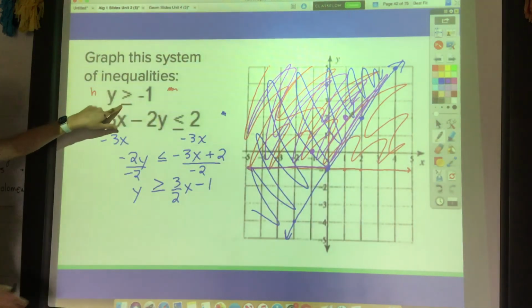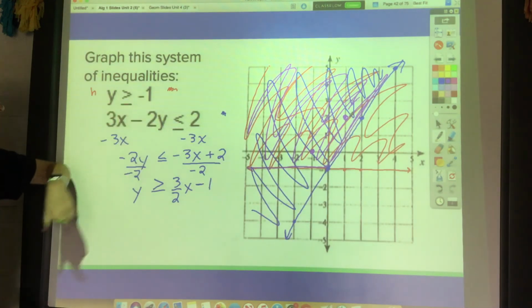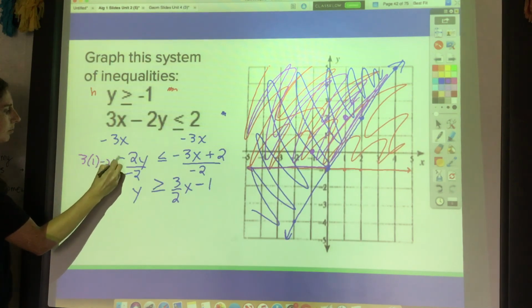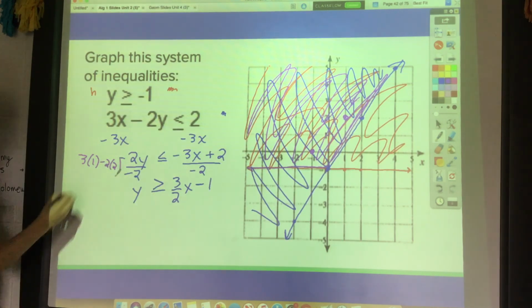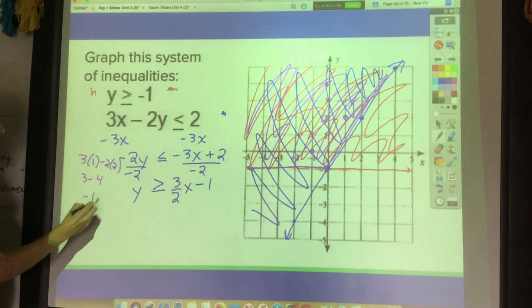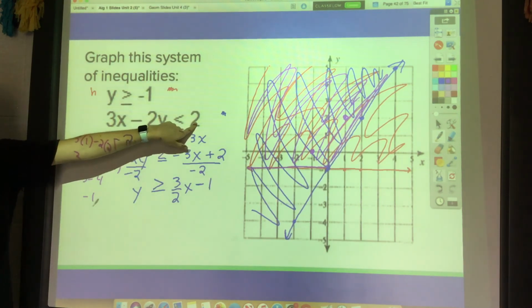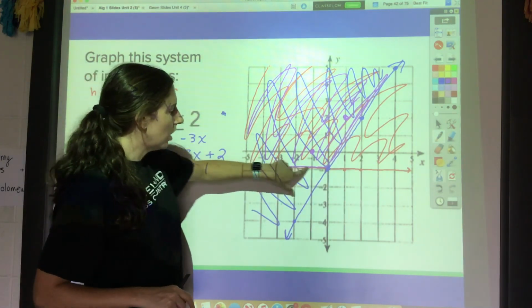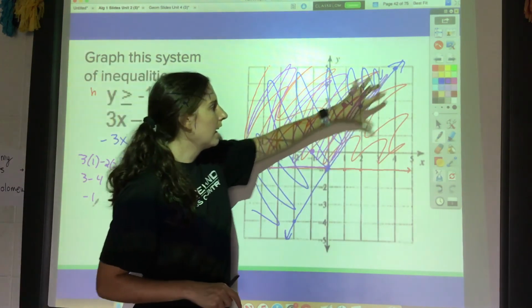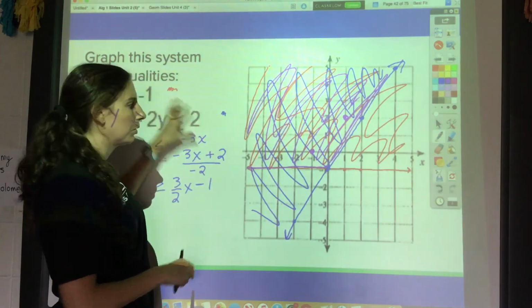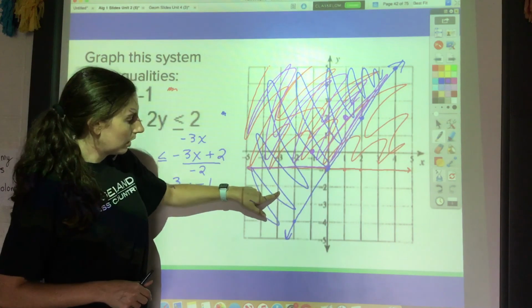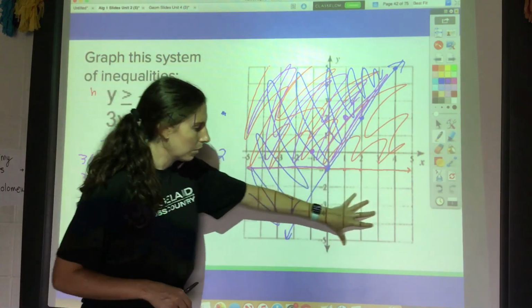Is 2 greater than or equal to -1? Yes. And is 3 times 1 minus 2 times 2, which is 3 minus 4, which is -1, less than or equal to 2? Yes. So basically, everything along this line and within this region should work for both. A point here would only work for the red one, a point here would only work for the blue one, and a point here would work for neither.